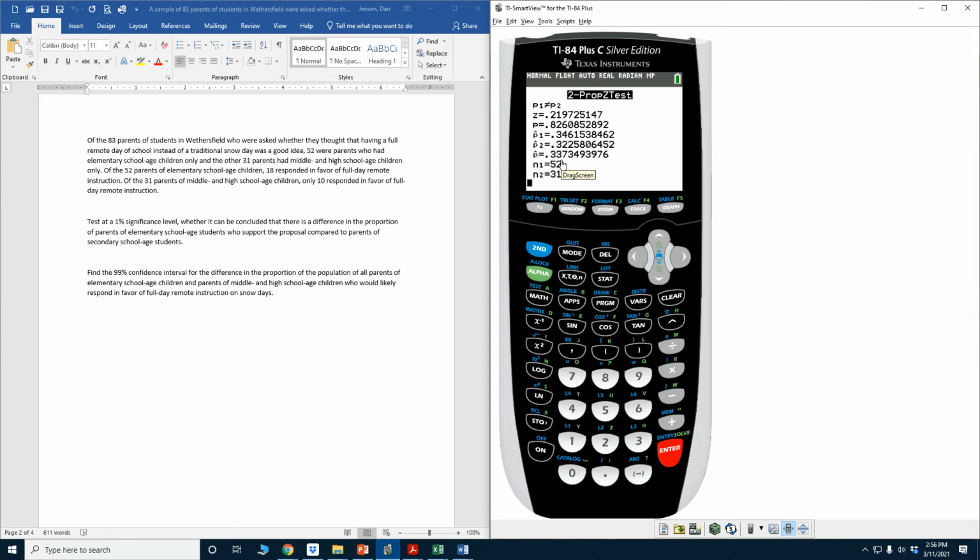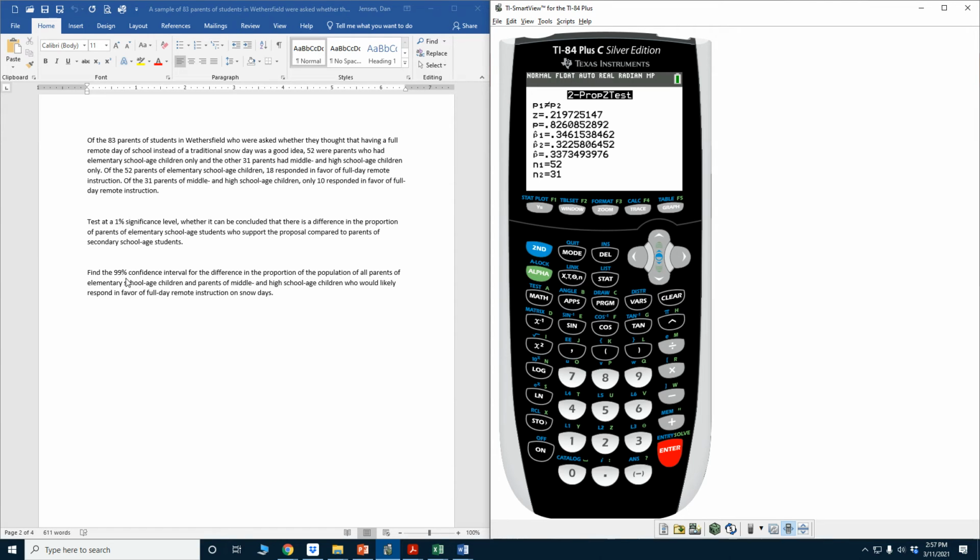Okay, so since P, 0.826, is greater than alpha, 0.01, we cannot reject the null hypothesis. So we cannot claim that there is a difference. Is there a difference? There does not seem to be a difference in how they feel.